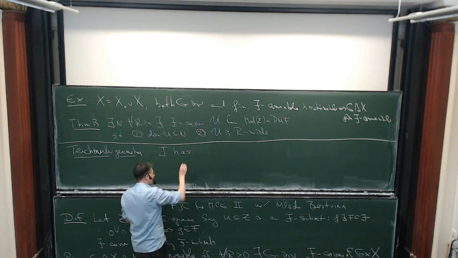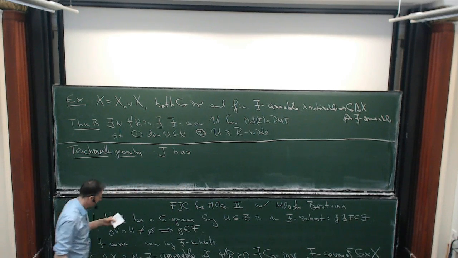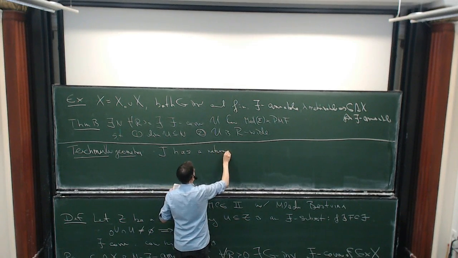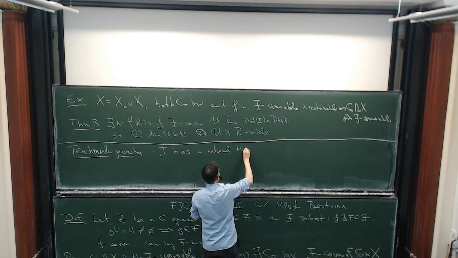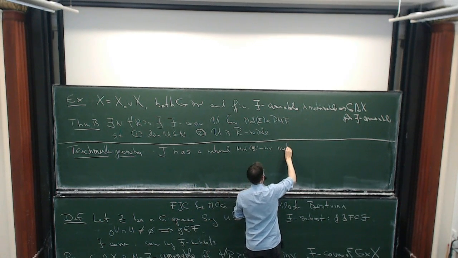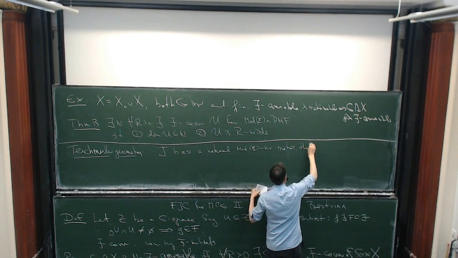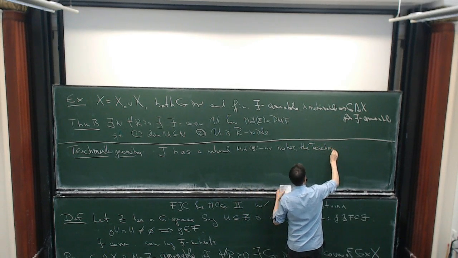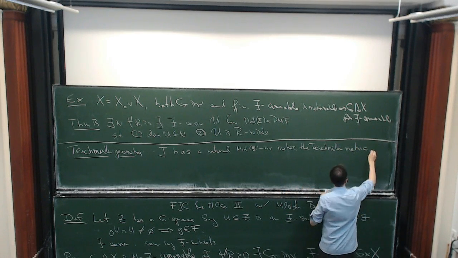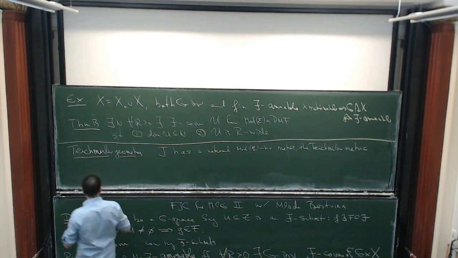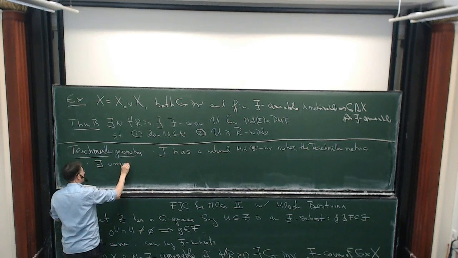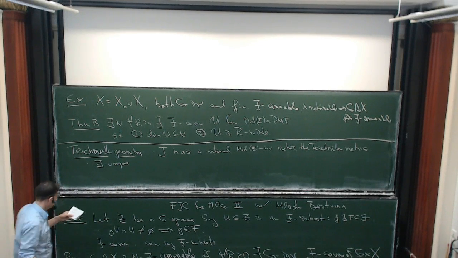I mean, there's more than one natural metric, but the one we're interested in is the Teichmüller metric. And one important property of it is it allows for unique geodesics between any 2 points.